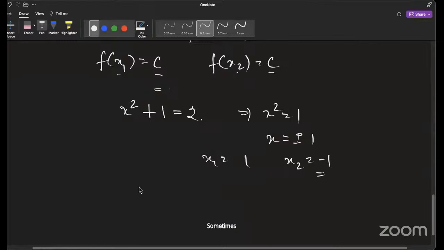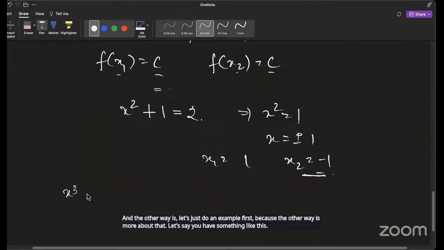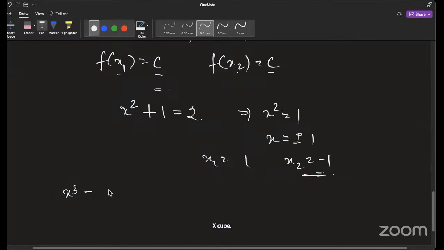Sometimes what happens is, this is one way to do it. And the other way is, let's just do an example first. Let's say you have something like x cube plus 7x square plus 3x plus 8. Then how do you check if this is 1-1 or not?